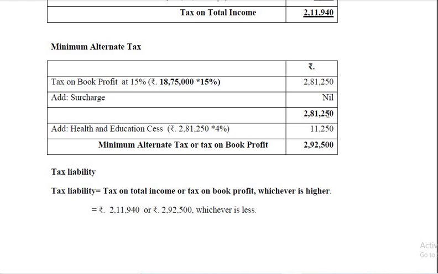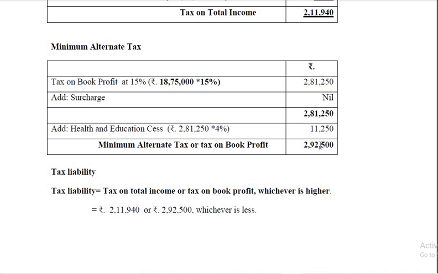So 2,81,250 only is the total of both the values. Then education and health cess should be added at the rate of 4% calculated on this value. So you'll get 11,250. As a result, minimum alternate tax or tax on book profit is 2,92,500.